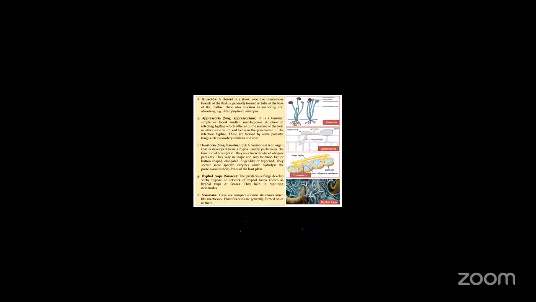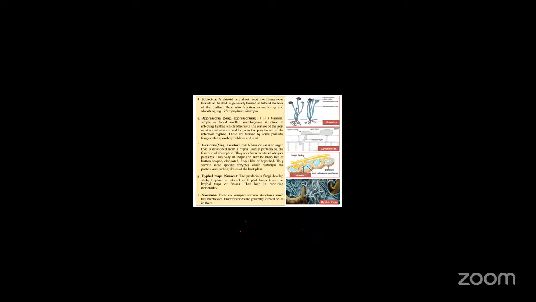So the next one is the appressoria. Appressorium is the singular form, appressoria is the plural. It is a terminal, simple or lobed, swollen, mucilaginous structure of the infecting hyphae, which is adhesive to the surface of the host or the substratum. See here in the diagram, the appressorium is there.